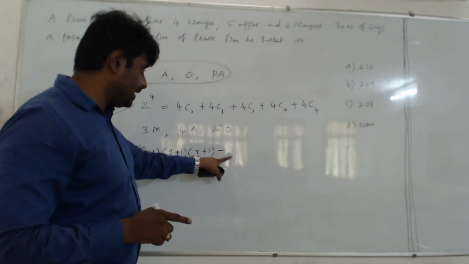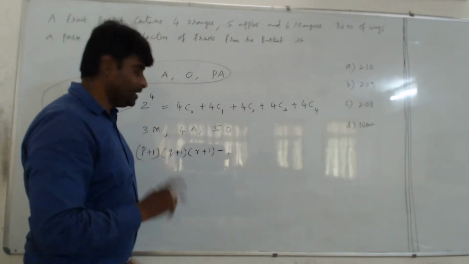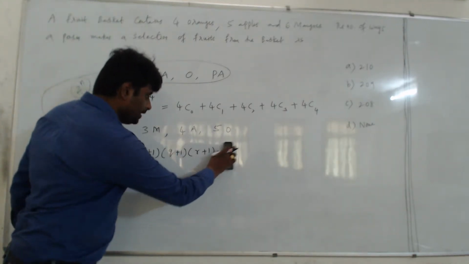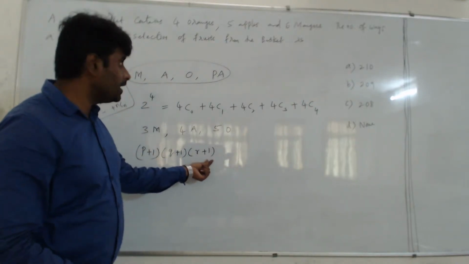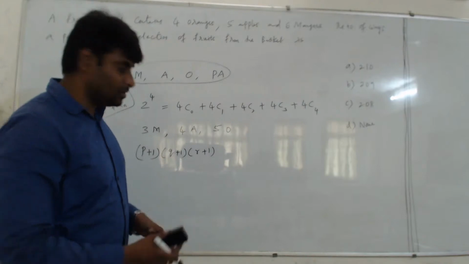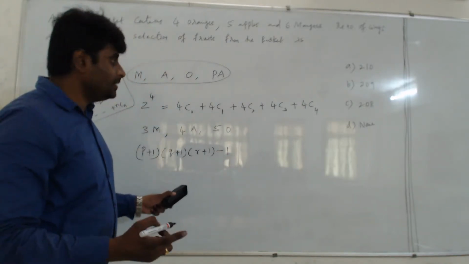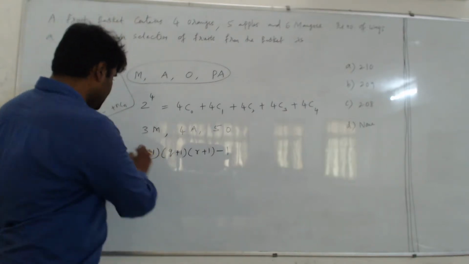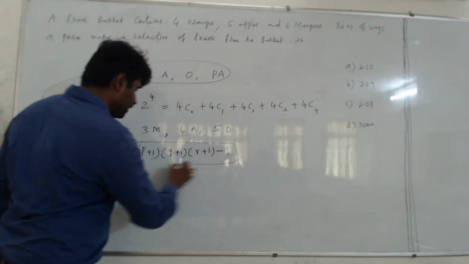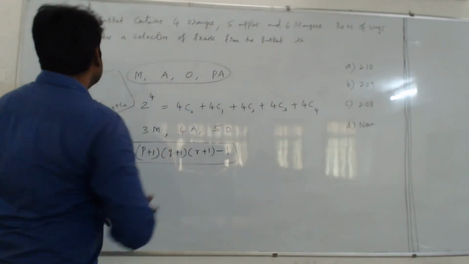So why do you write minus 1 here? Because at least one fruit must be selected. Without that, the total number of selections would be (p plus 1)(q plus 1)(r plus 1). We have to select at least one fruit, meaning minus 1. In that case we eliminate the case where we are taking zero fruits. So this is the formula we'll use in this question. It's very simple.